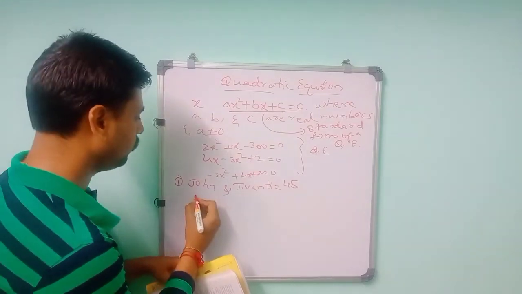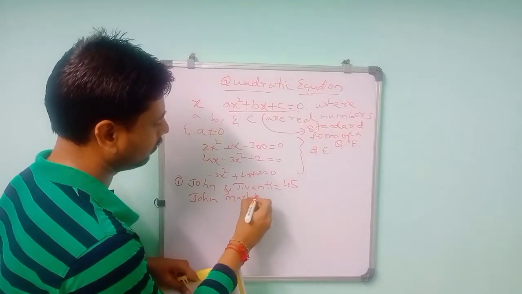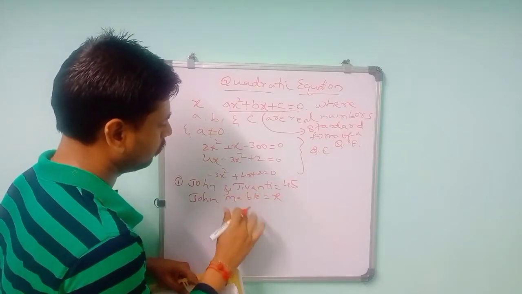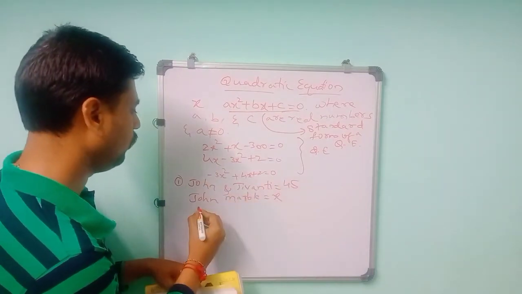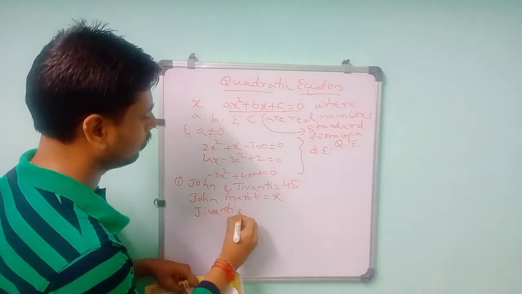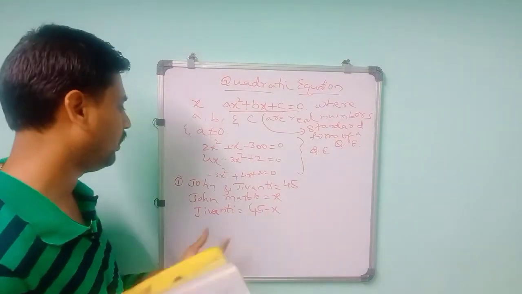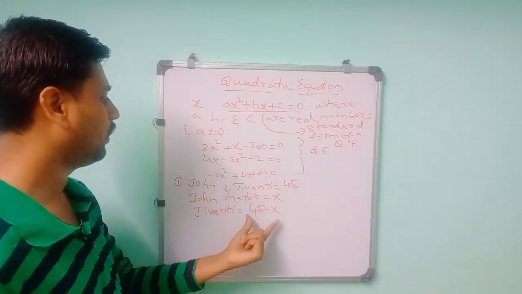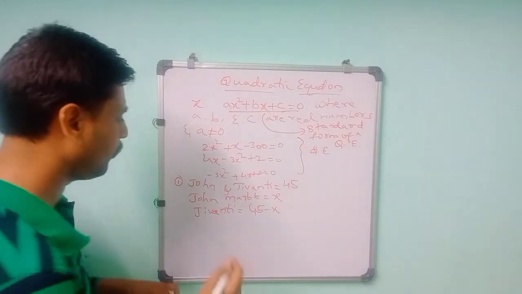If you take John's marbles as x, total 45, so Jivanti will have 45 minus x, because the total is 45 and I have taken John's marbles as x. Then they lost 5 marbles each.